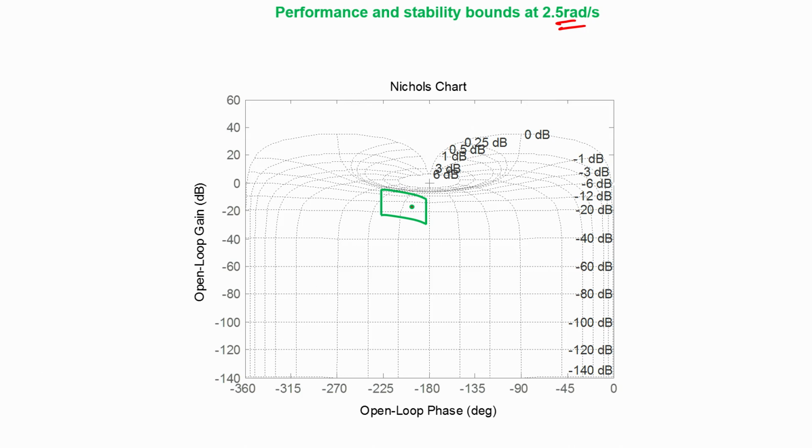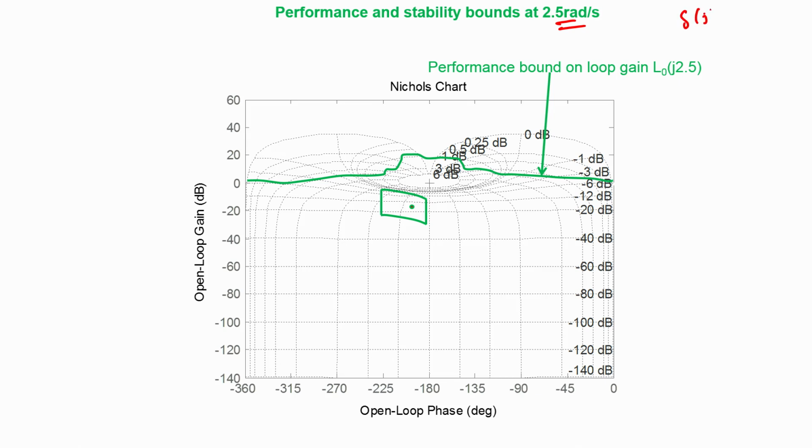Now we can once again compute the performance bound on the loop gain at 2.5 radians per second. So we can look at what the permissible variation delta is at 2.5 radians per second.